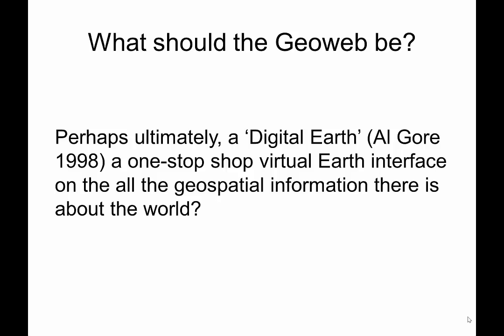We'll revisit this at the very end of the last talk we have, considering the concept of a digital Earth as outlined by Al Gore in a speech in 1998. In that speech, Al Gore described the concept of the digital Earth as a one-stop shop virtual Earth interface onto all the geospatial information there is in the world.